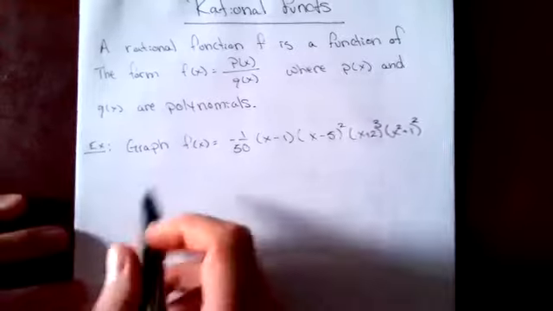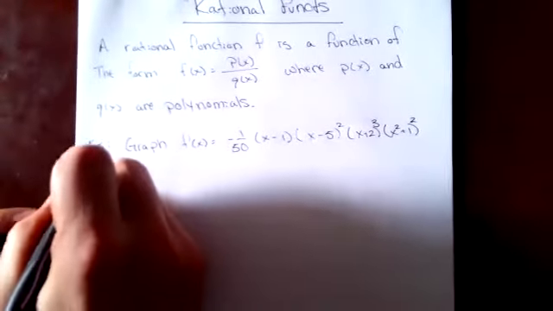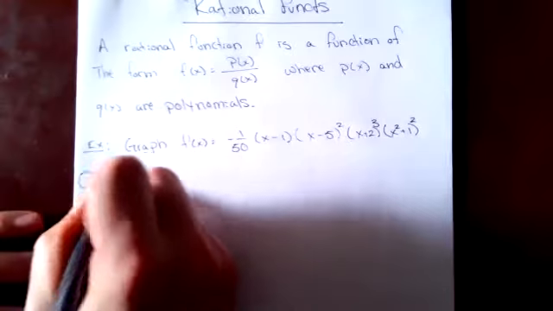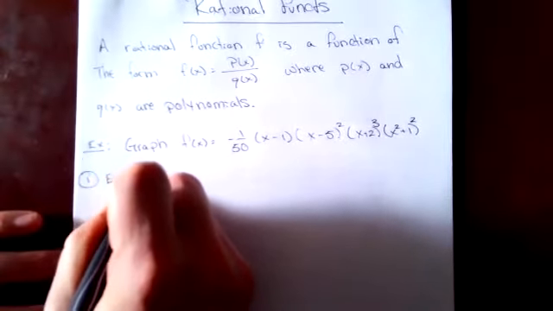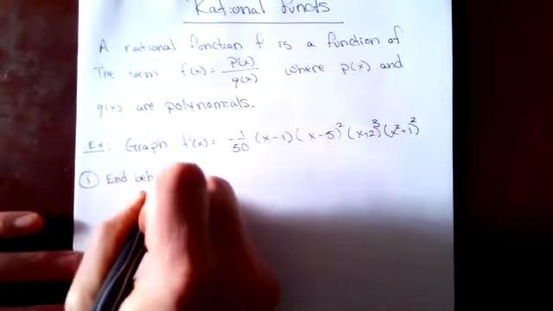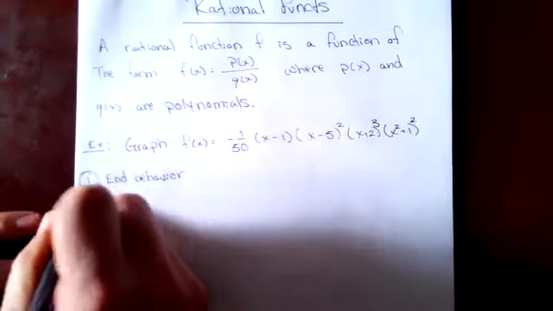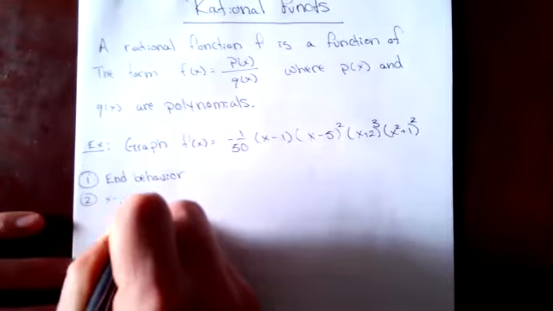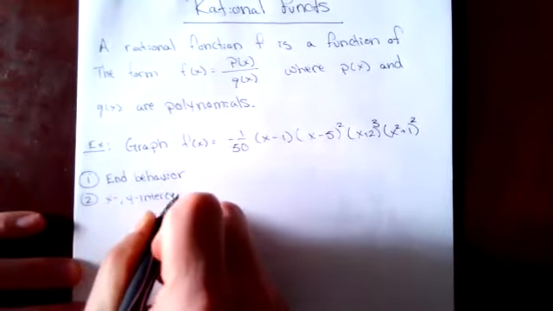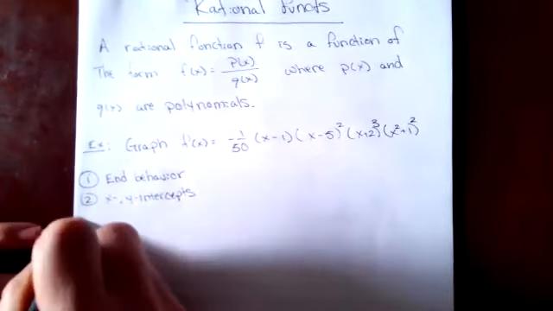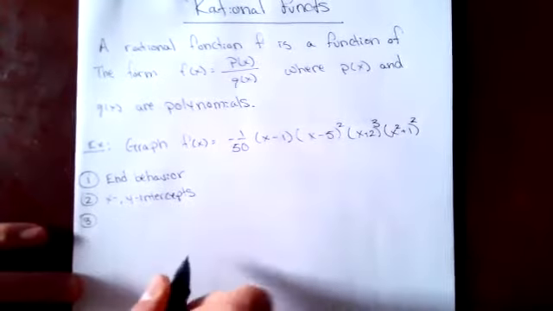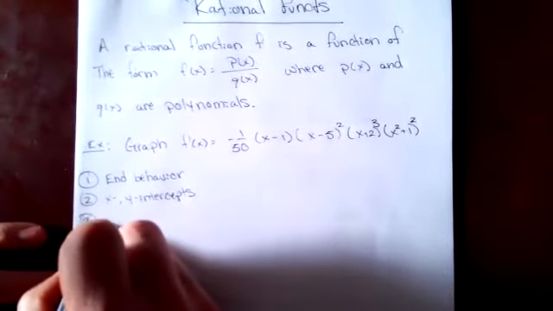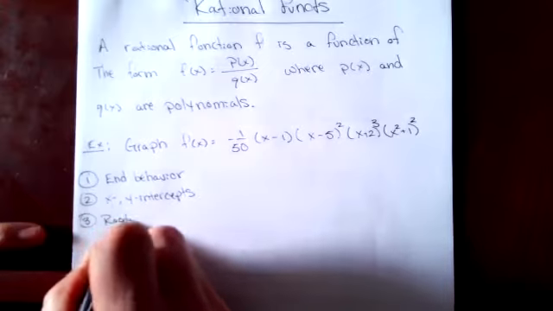So what were our steps for graphing? Let's just go over those one more time. Our first step was to plot the end behavior. Then the x and y intercepts. We then plotted the root behavior.